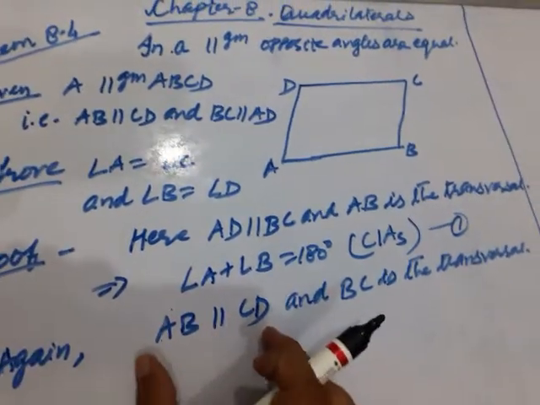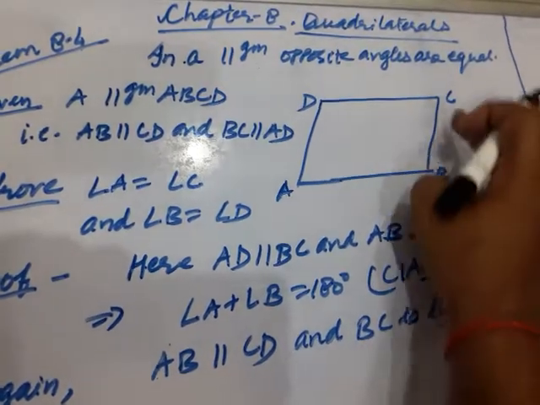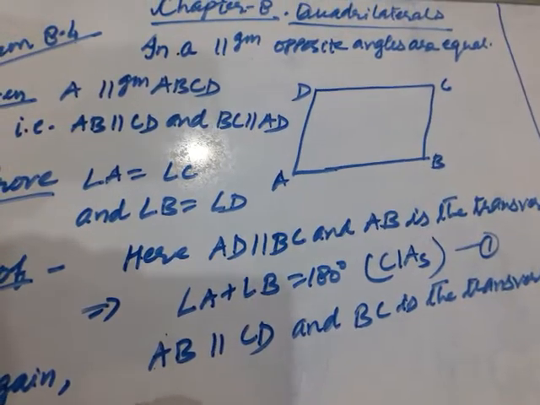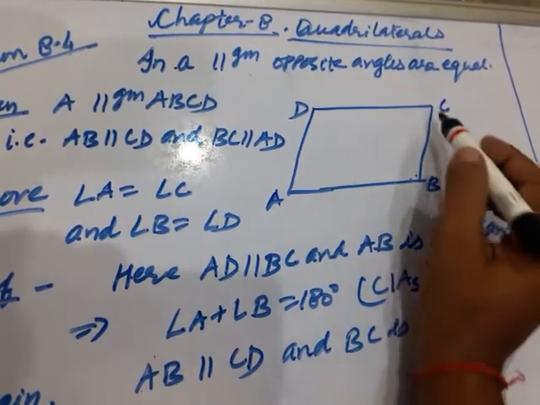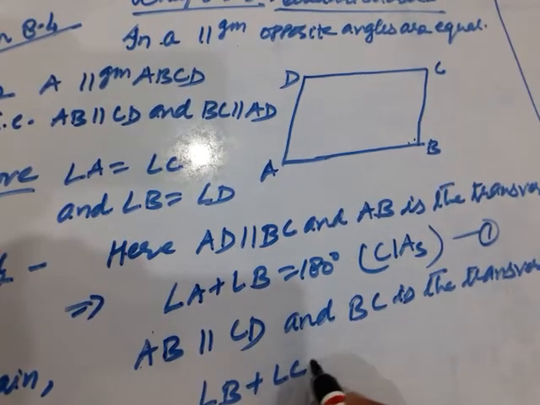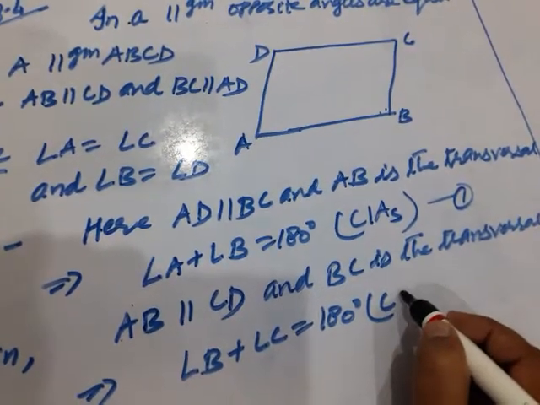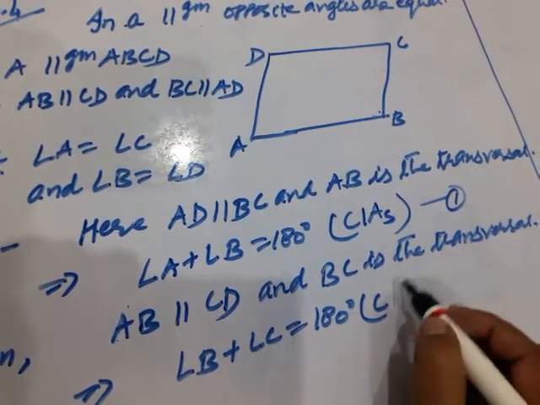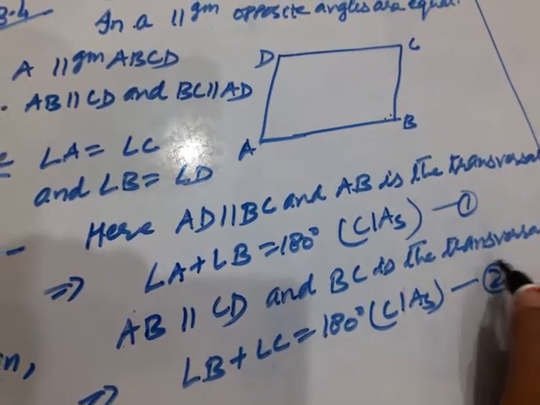Okay, children, let us see. AB is parallel to CD. Why? Because it is a parallelogram, and BC is the transversal. This implies that angle B plus angle C equal to 180 degrees. Which property? Again, the co-interior angle property, that is CIA.